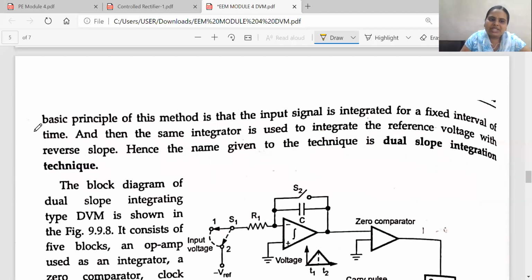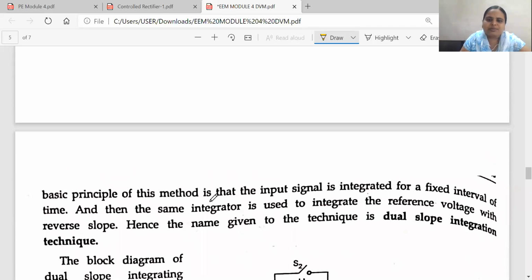The basic principle of this method is that the input signal is integrated for a fixed interval of time, and then the same integrator is used to integrate the reference voltage with the reverse slope.